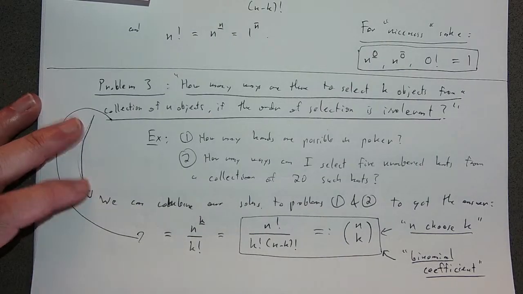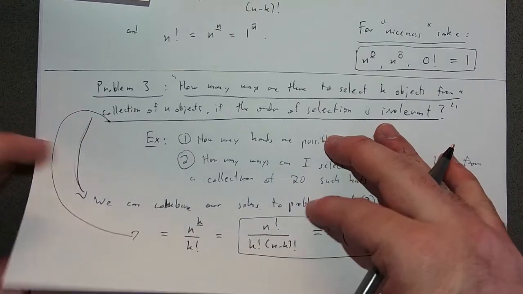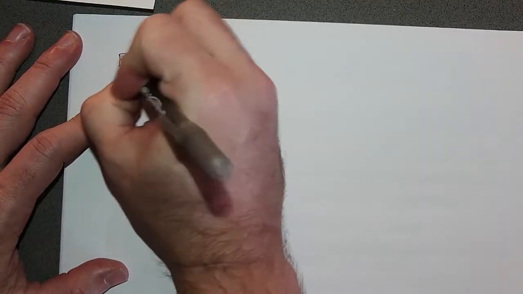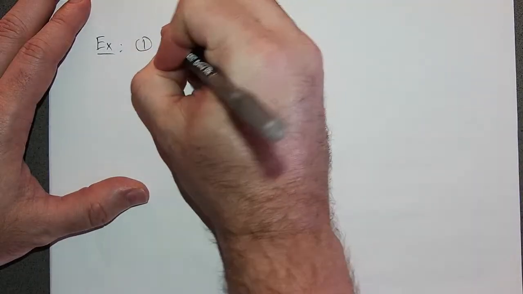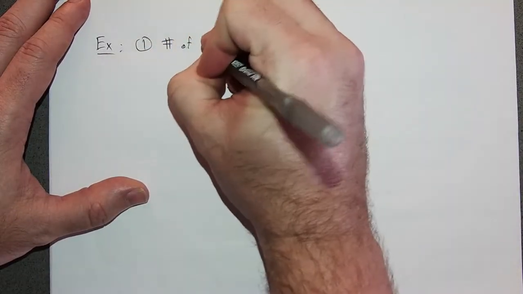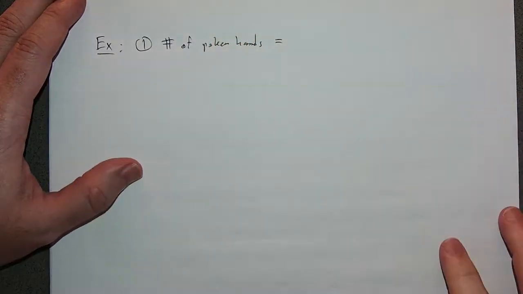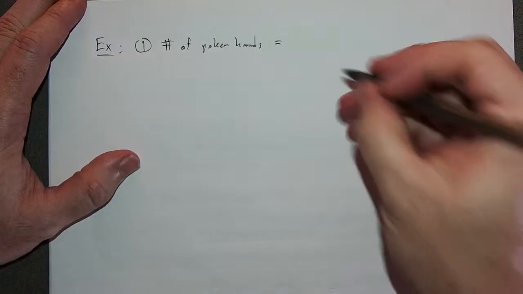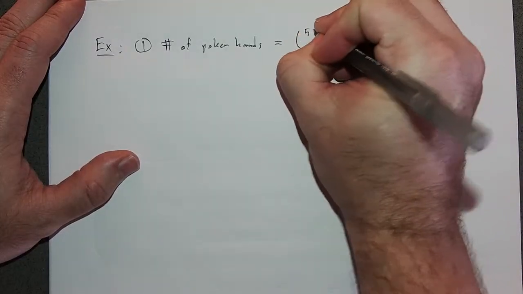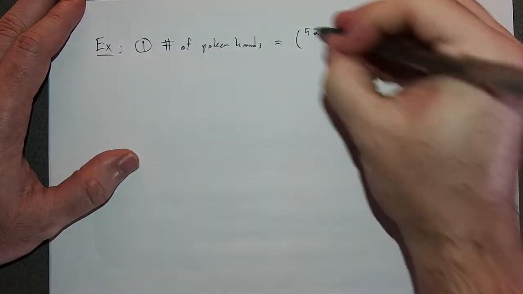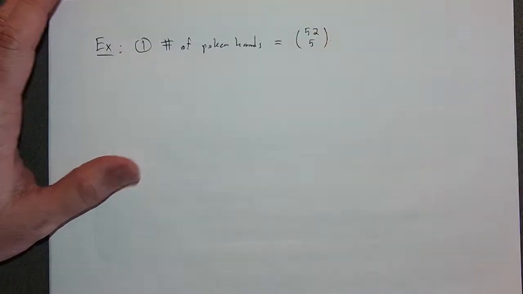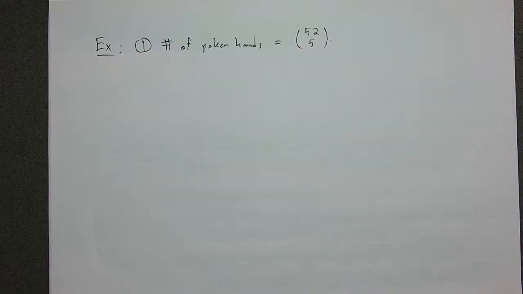Let's use this to do a couple of examples here. So a quick example: the number of possible poker hands. Well, there's 52 total cards in a standard deck, and I'm choosing 5 of them if we're playing just standard poker here.